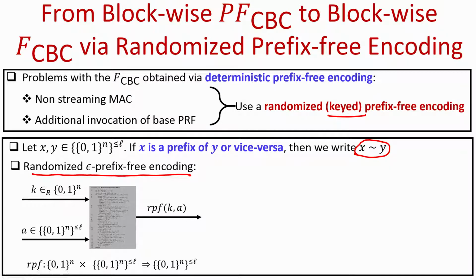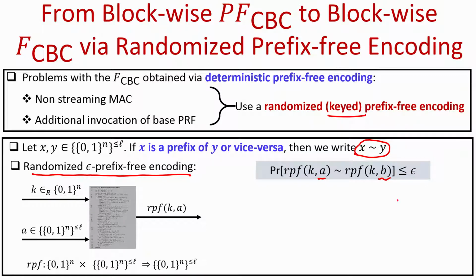This encoding takes as input a key of size n bits and a block sequence consisting of up to l blocks, and gives you a keyed encoded output for the input A. When I say that it is a randomized epsilon prefix-free encoding, what it means is that the probability that you obtain two inputs A and B from the input domain, consisting of up to l blocks, such that under the same key k the corresponding encoded outputs are related by this prefix relation, is upper bounded by epsilon.